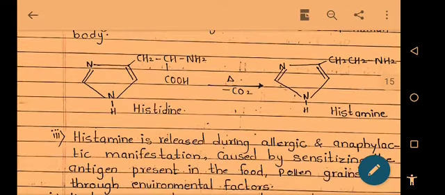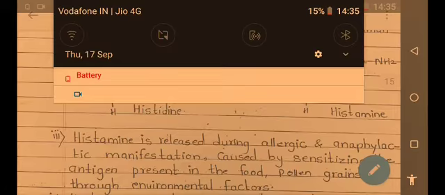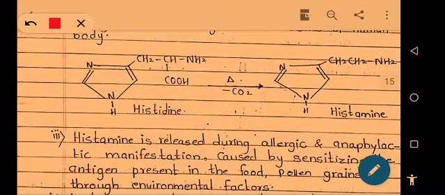This is the histidine. And decarboxylation means the removal of the COOH group. Consider CH, C double bond OOH. Here we supply heat.